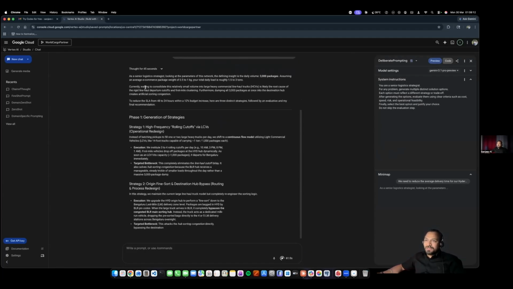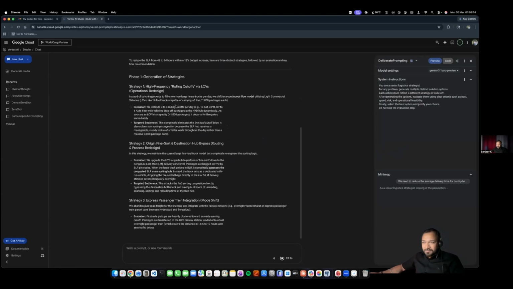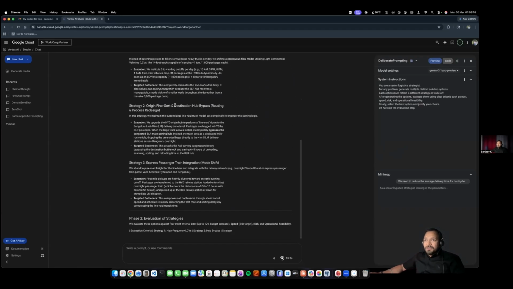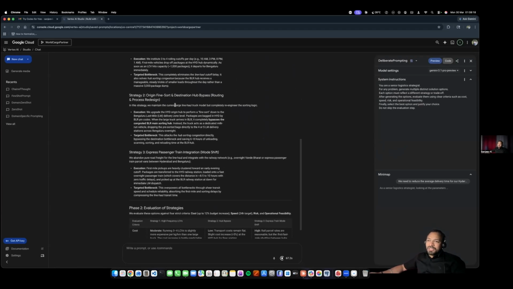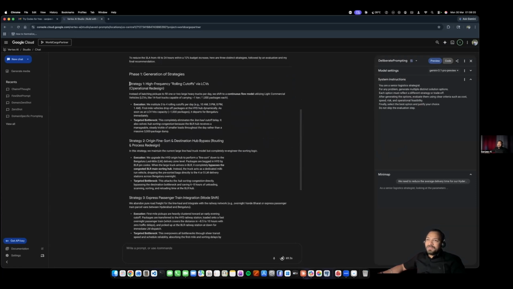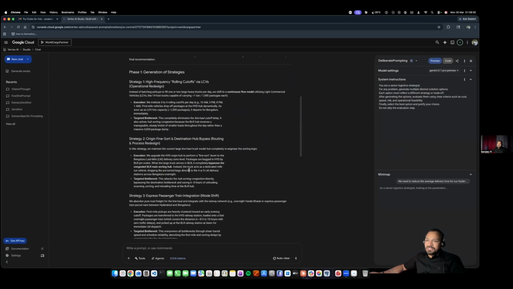It took about 45 seconds. It has come up with more than one strategy. Strategy one is high frequency rolling cutoffs via LCVs. Strategy two is origin fine sort, destination hub bypass. And strategy three is express passenger train integration.